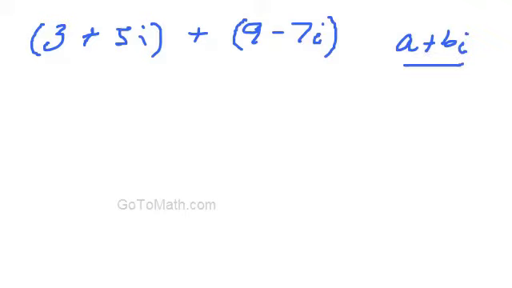That's the standard form. So we add the two real parts: 3 plus 9 is 12, and then the imaginaries, 5 minus 7 is negative 2i, and there you go, it is in standard form. That's what we wanted to accomplish.